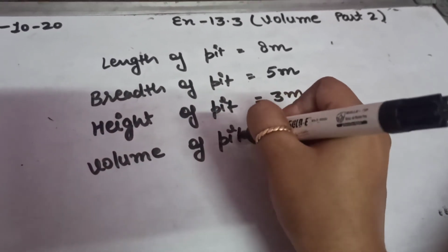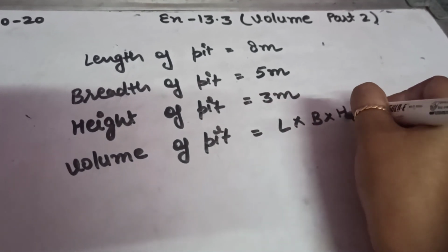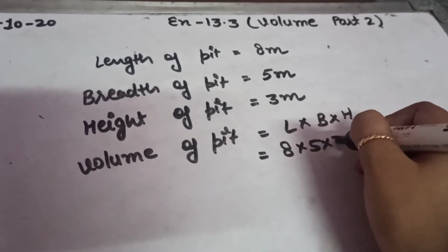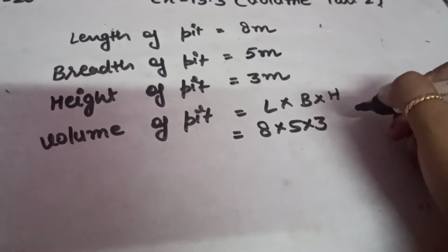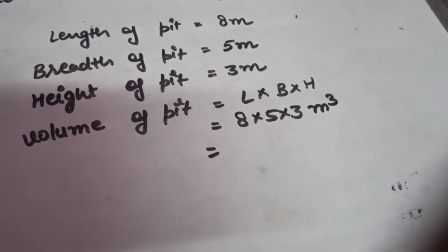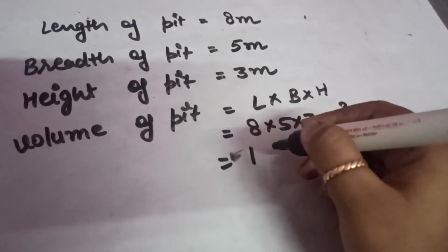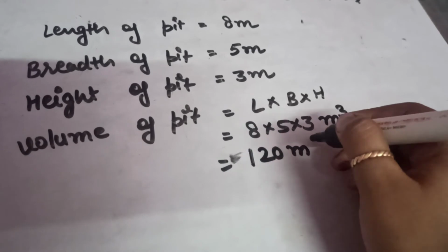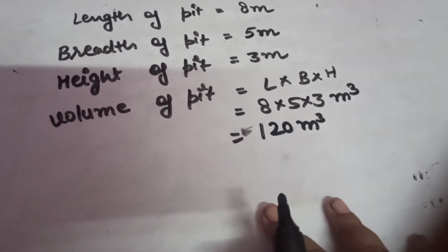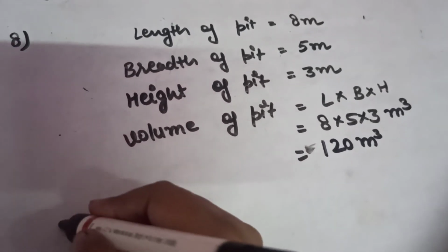Now we will find the volume of the pit. What is the volume? Length multiply breadth multiply height. So 8 multiply 5 multiply 3, unit meter cube. 8 5s are 40. 40 3s are 120 meter cube. After this we have to find the cost.